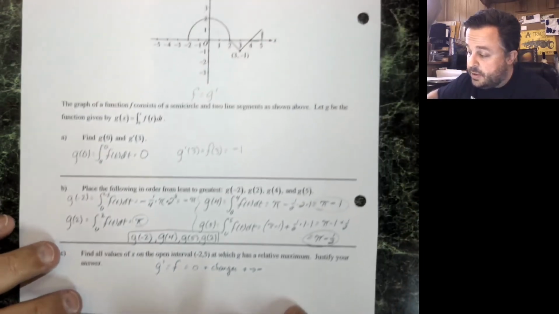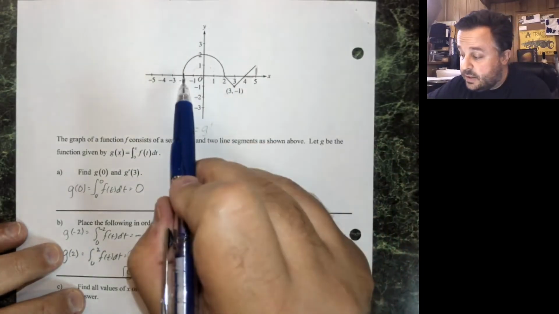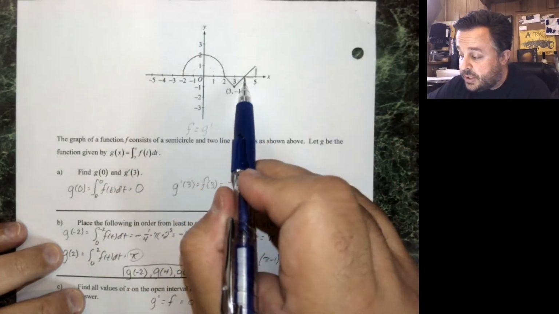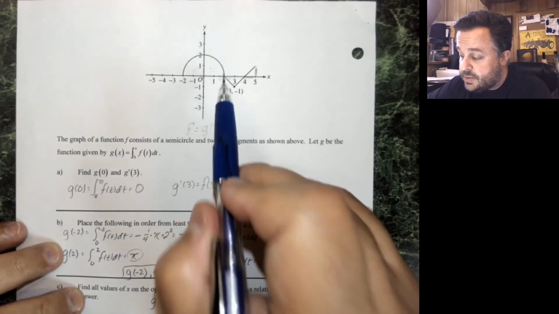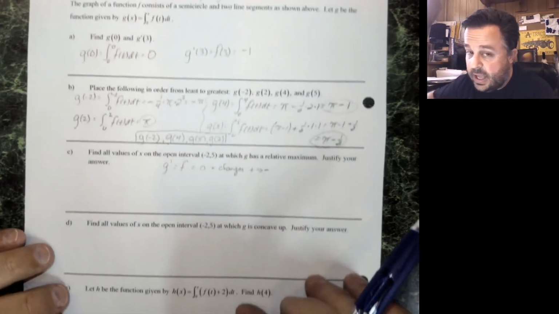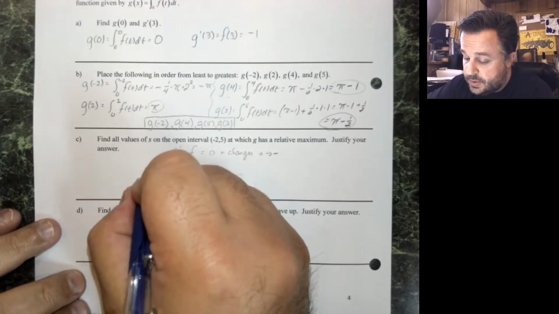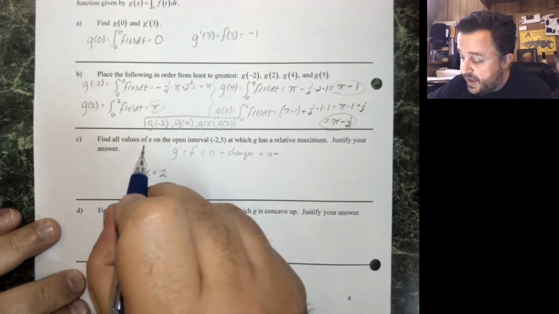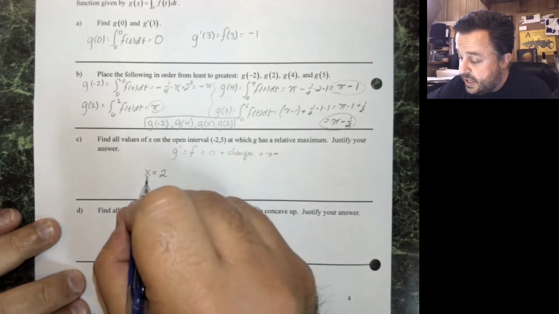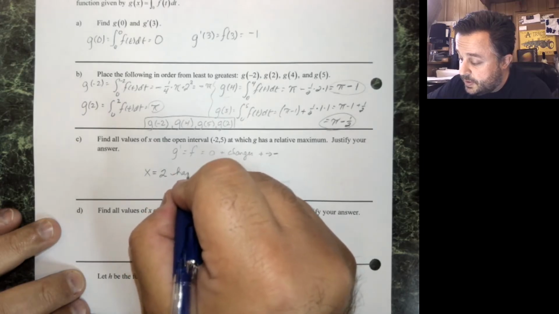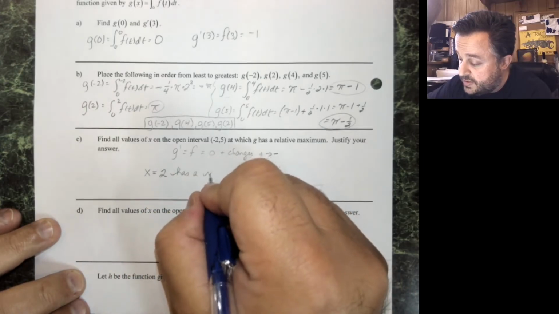So I go back up here to the graph. The only time that f is 0 is at -2, +2, and +4. But the only time it changes from positive to negative happens at x equals 2.